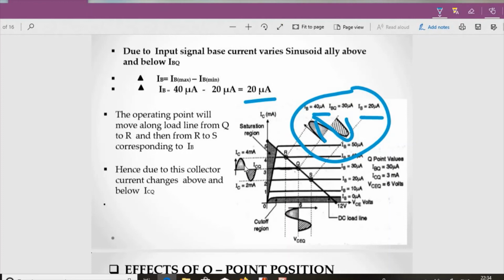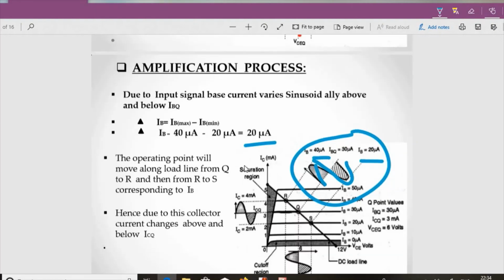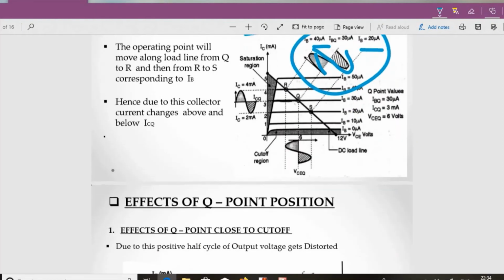So this is basically the amplification process. We have got the IB value, and on that basis we have got the IC. You can literally say that IB is in microamperes and IC is in milliamperes. So this is basically your amplification process.